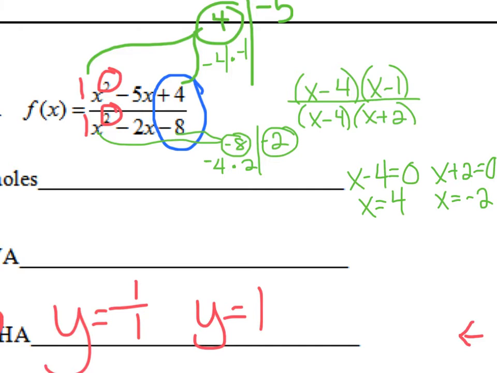So now to determine if they're holes or VAs, I go back to here and look for something to cross out. Since these cross out, that means that value is a hole value. So I'm going to put the 4 for the x, and my remaining fraction is now x minus 1 over x plus 2. The other denominator value is going to be an asymptote.